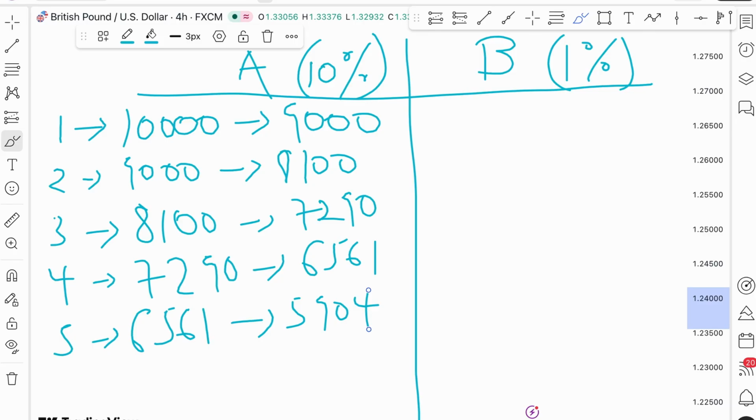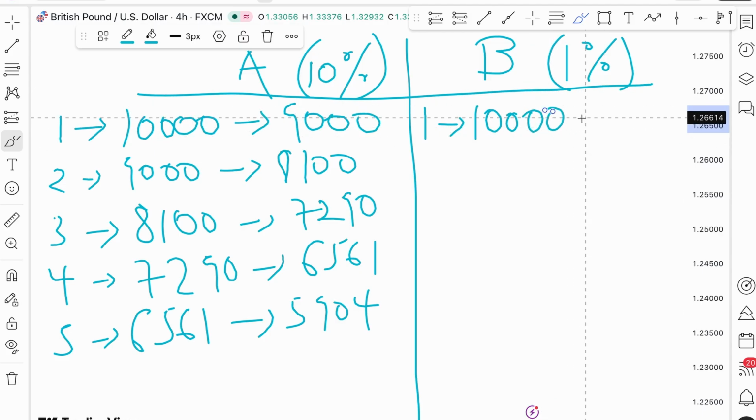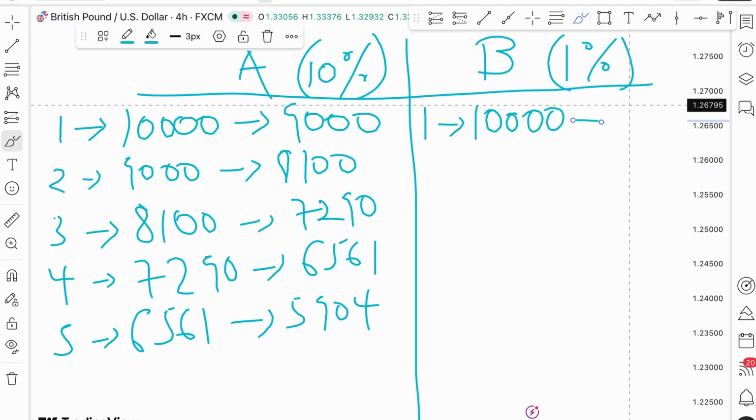So in the case of trader B, his first transaction of loss using 1% on his 10,000 will be 10,000 less 1%, which gives us a drawdown of $100. And when we less $100, we will get 9,900.